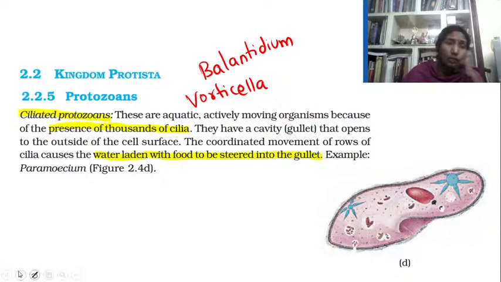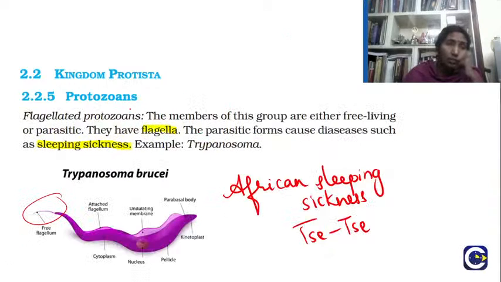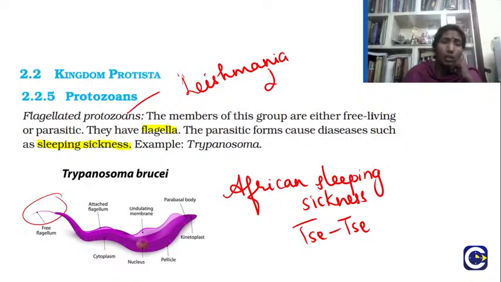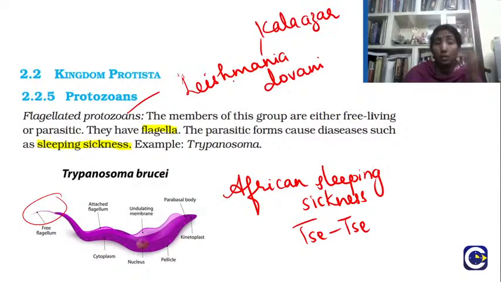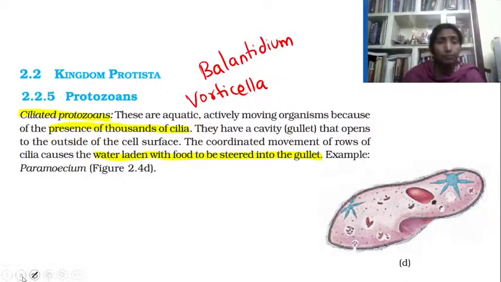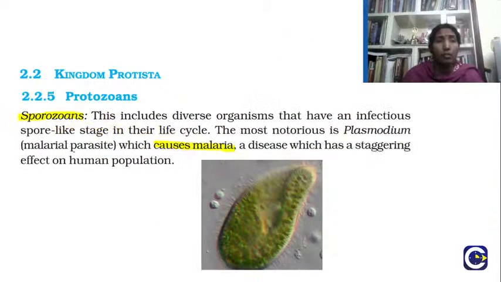So even in flagellated, even that Leishmania donovani, இது உங்களுக்கு காலா அசார் சொன்ன ஞாபகம் இருக்குன்னு நினைக்கிறேன். That causes kala-azar. Okay, that protozoan will also come under the flagellated protozoan. So remember all this. So that paramecium is the one which you should remember here.